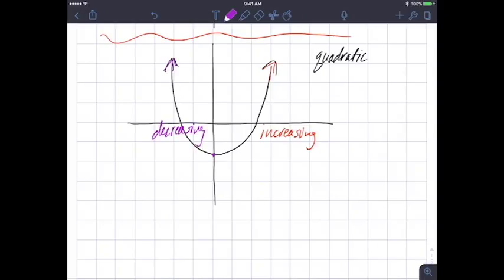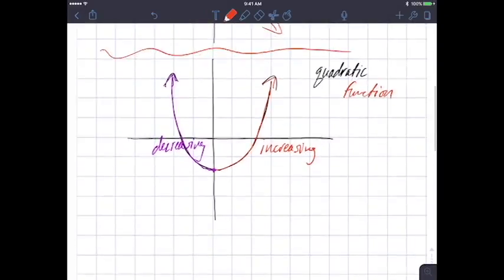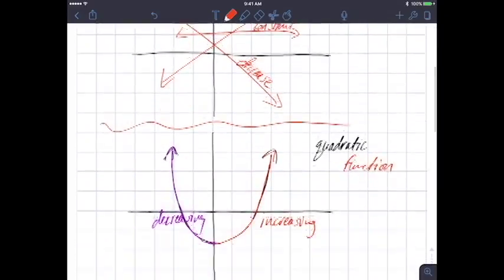So it's decreasing all through here. Then it starts to increase at this point. Okay? So a quadratic function increases and decreases, okay? So we got that covered.